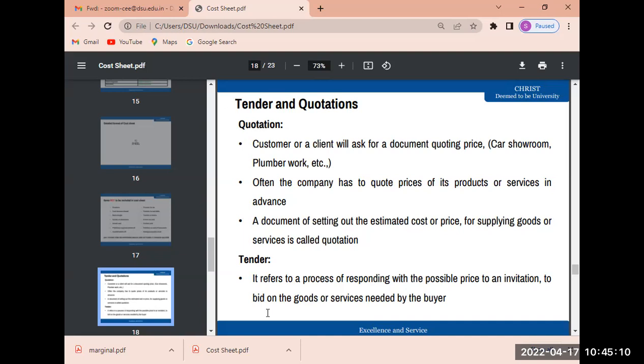Without a cost sheet prepared, I can't give a final price to the giver of the contract. It may be an individual, an association, a company, or the government as well, depending upon the work. Mainly civil work, or even the supply of products and raw material, we'll be asking for quotations.